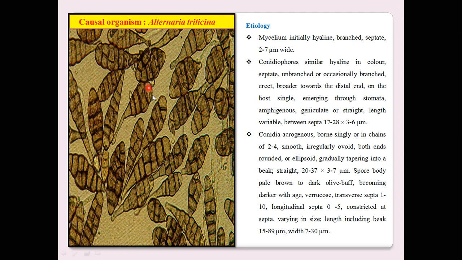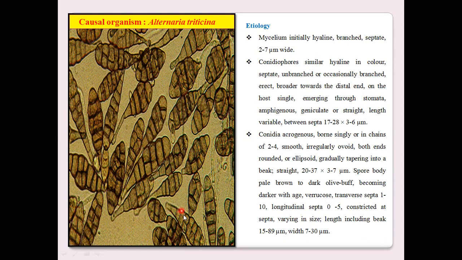This conidia is generally tapered at one end, and the other end of the conidia is rounded, with the tapered end being a beak-like structure.